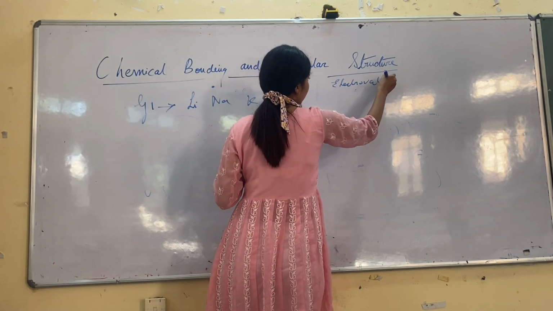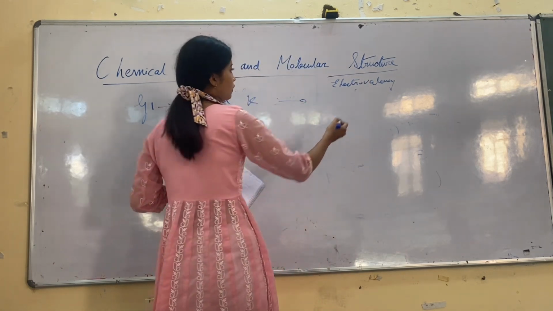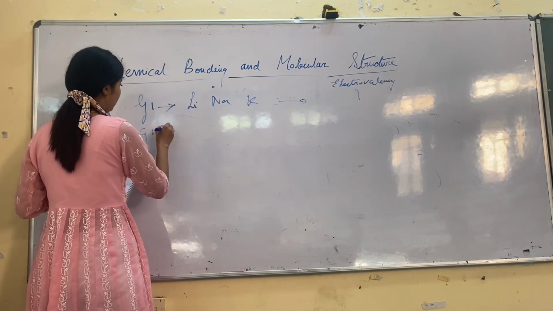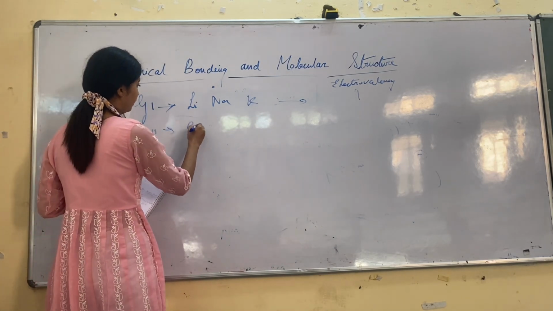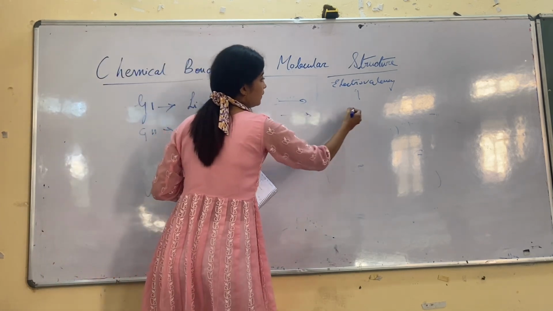The electrovalency of group 1 elements is 1. Group 2 elements, the electrovalency is 2.